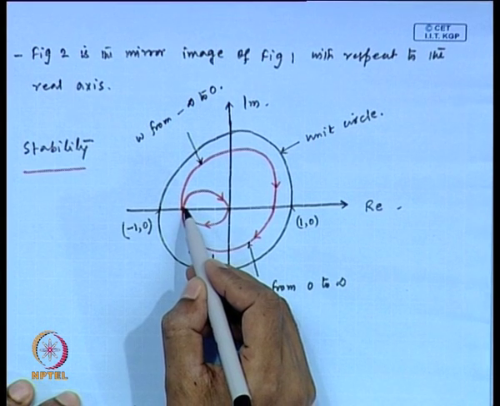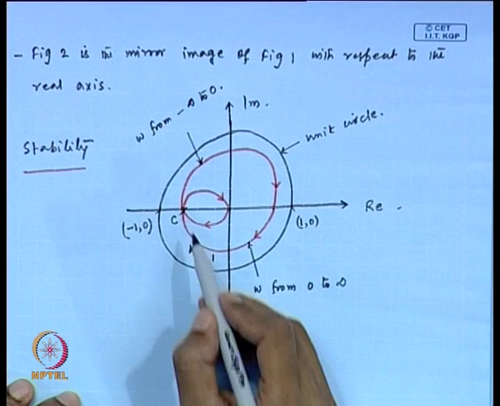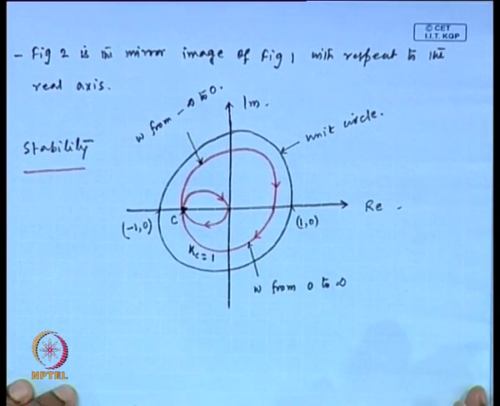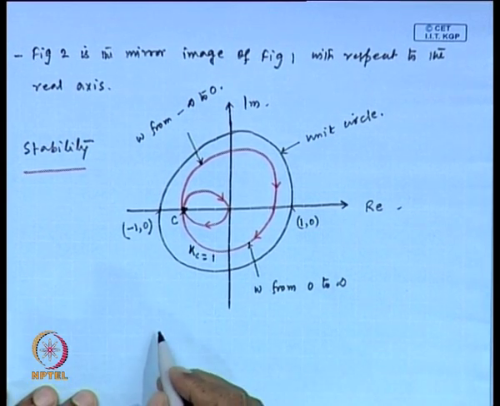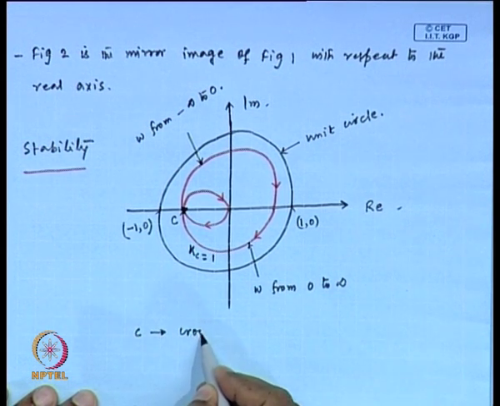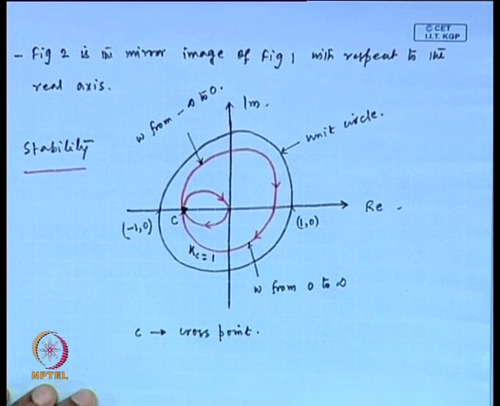Now, this point C is called the cross point.